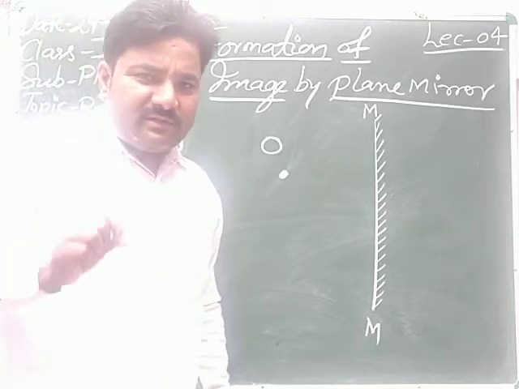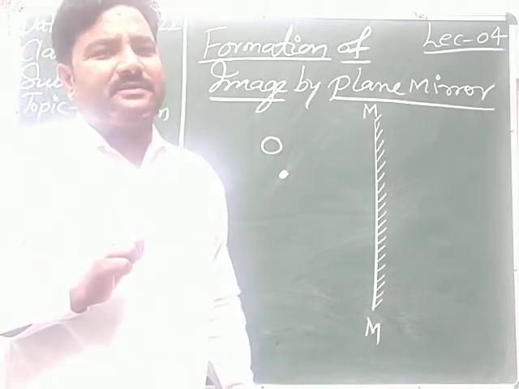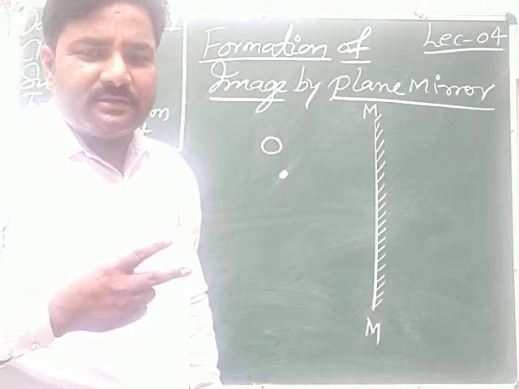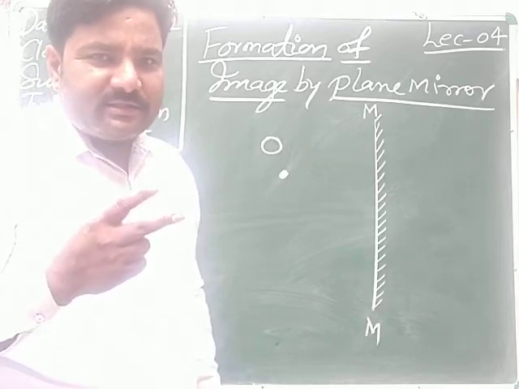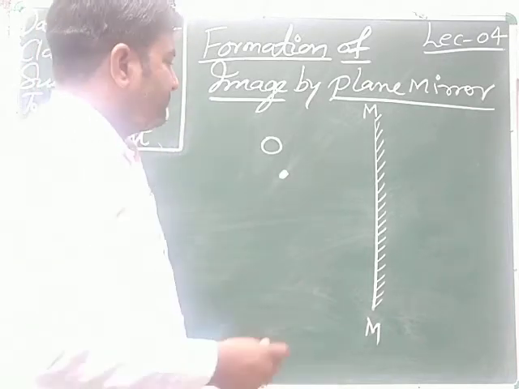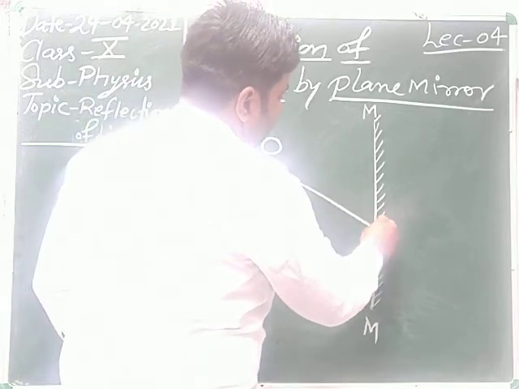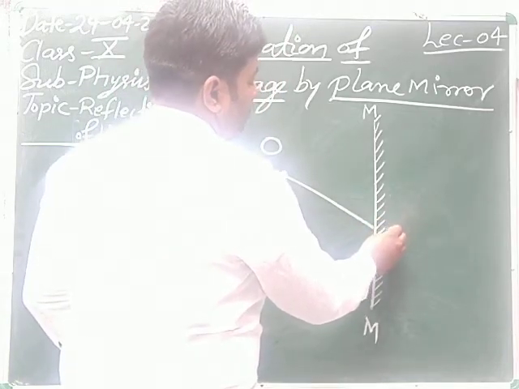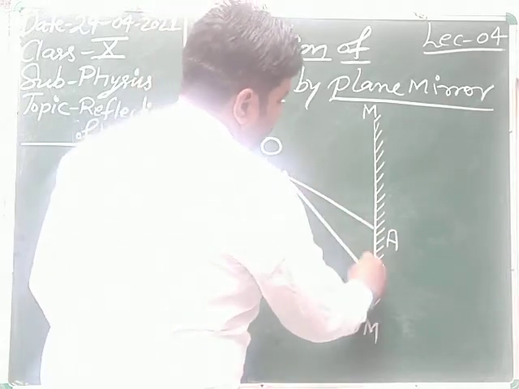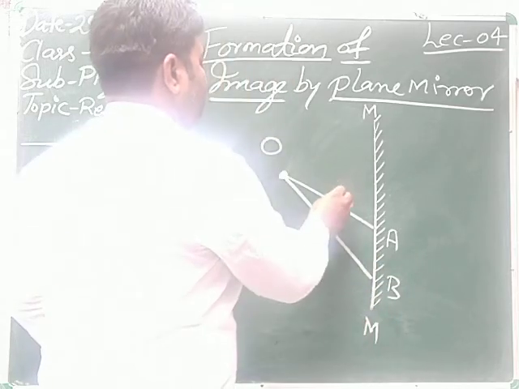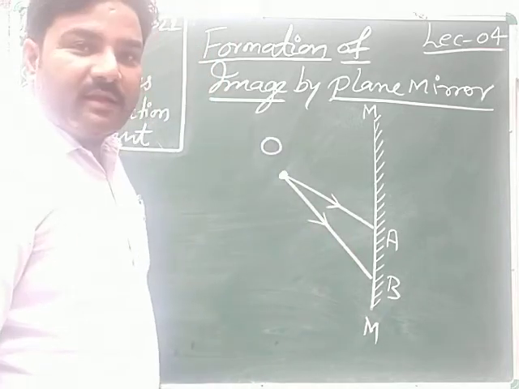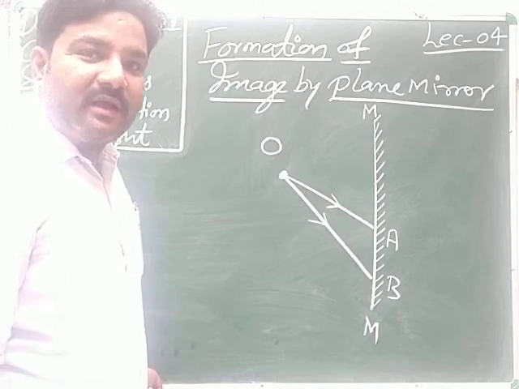Always remember one thing: during the formation of image, we have to take at least two rays coming from the object. Here is a point object, and we are taking two rays, O A and O B. Then you have to use the laws of reflection.